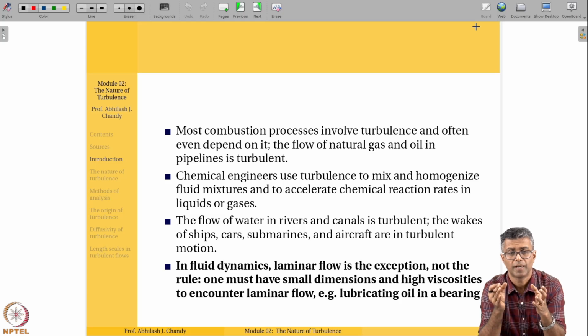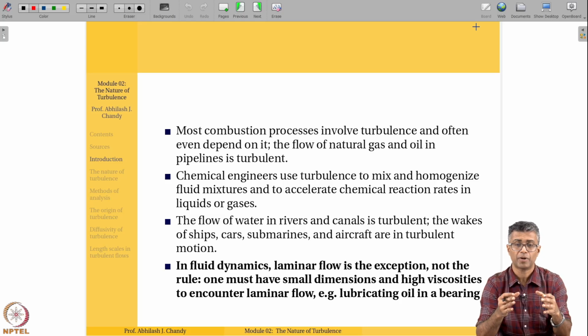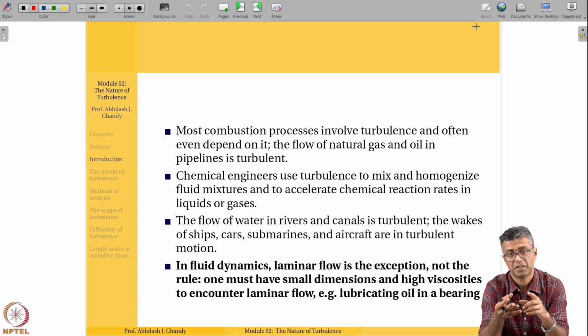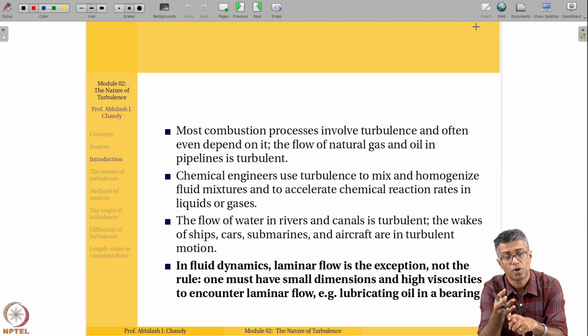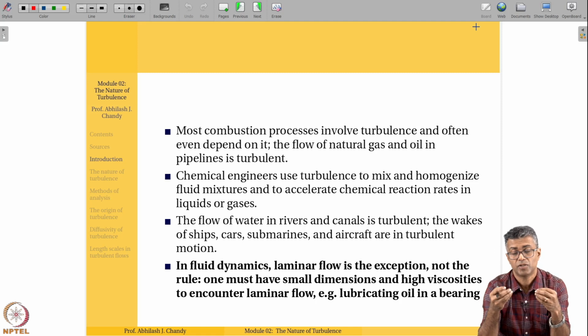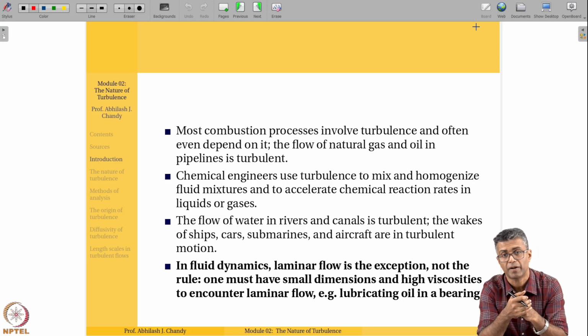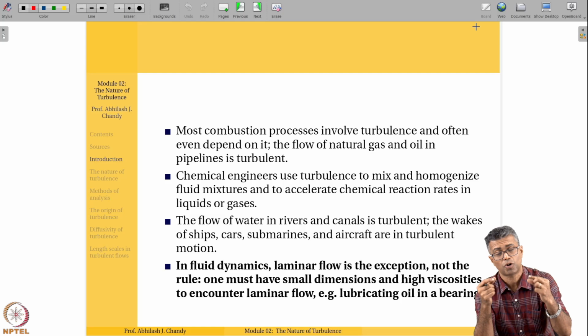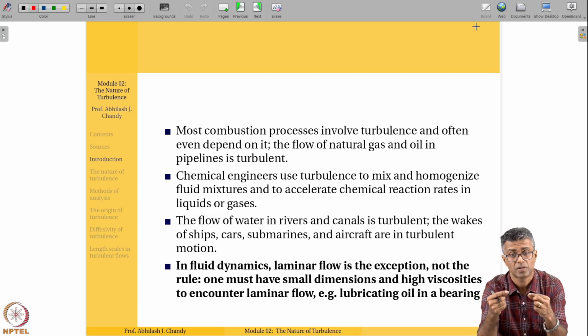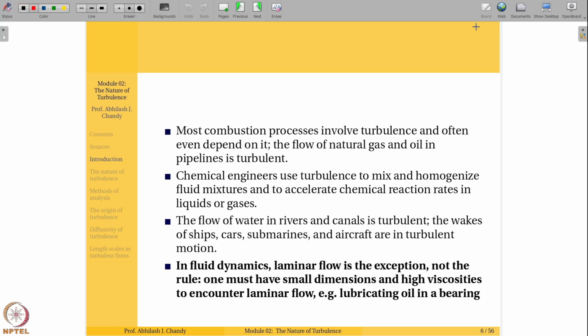In order for the flow to be laminar, we have to have either very small dimensions or very high viscosities. And it's not like that does not happen. An example would be lubricating oil in a bearing, where the clearances are of the order of microns, or at most about 1 millimeter.